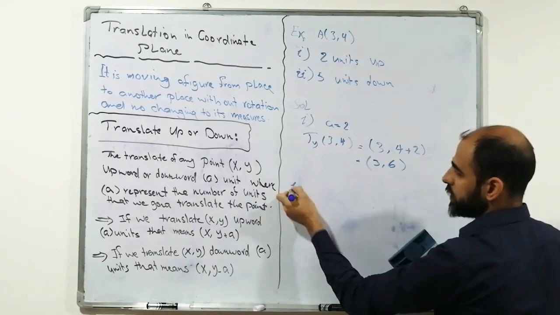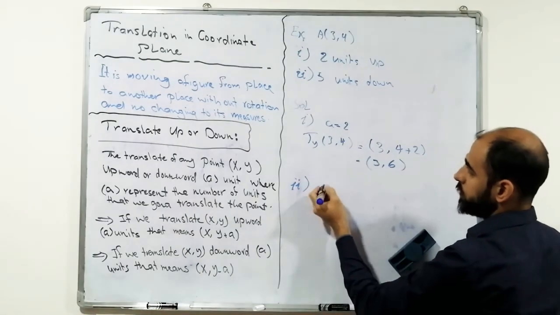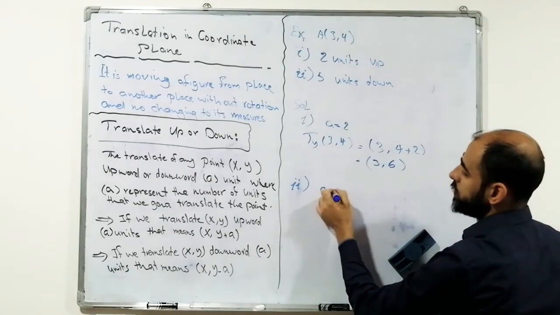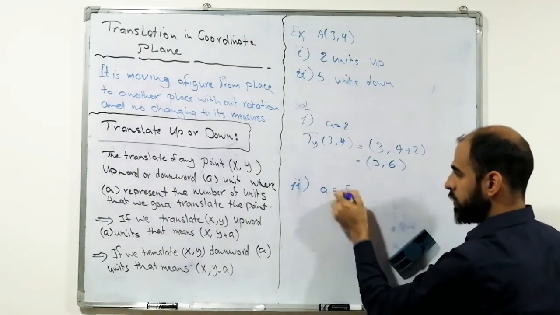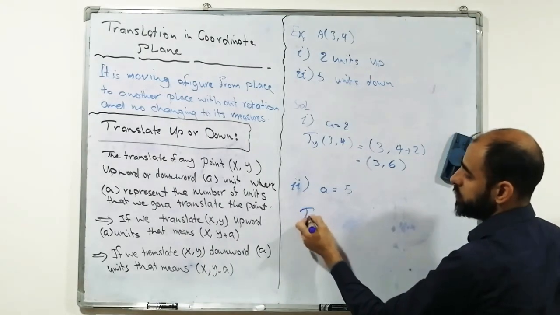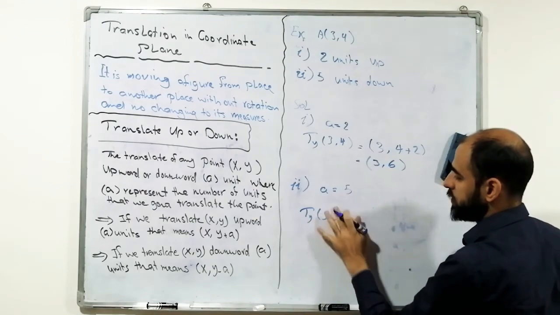Now the second part: here a is 5, the number of units of translation. Since the translation is downward, x is still as itself.